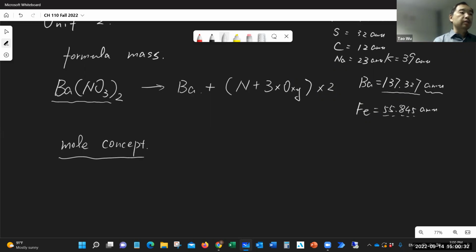The unit is something AMU, and AMU is a really, really small unit. It's one atom, or just several AMU. That makes sense, but it doesn't make sense to us.